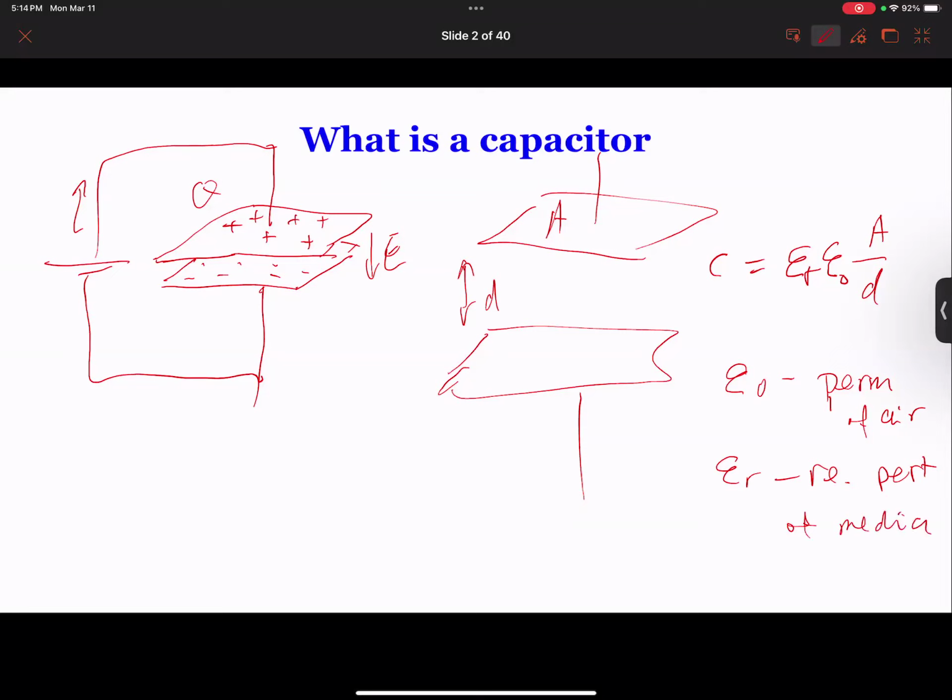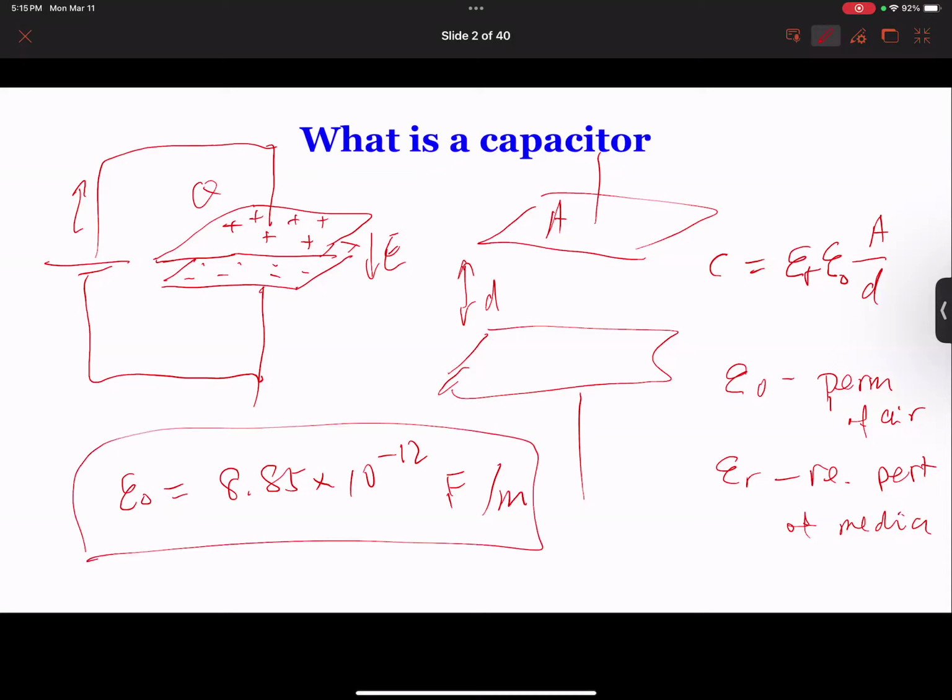If you have mica, silicon, or some insulation material, the permittivity can be different from air. It's always higher, but not so much higher, maybe 2 or 3 times. And epsilon 0 is a very small number, 8.85 times 10 to the minus 12, with the unit farads per meter. That's what gives you the capacitance.